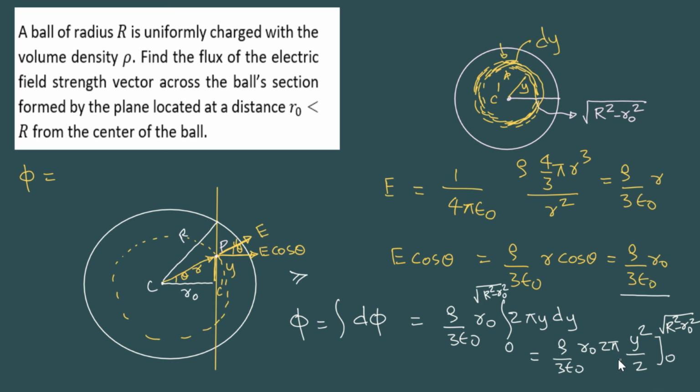The 2 disappears, so I can say pi rho by 3 epsilon naught, I have r naught, and when I substitute the limits, I will get r square minus r naught square. So this is the flux through that section formed by a plane passing through the ball.